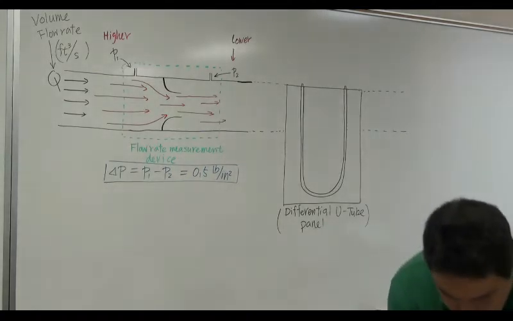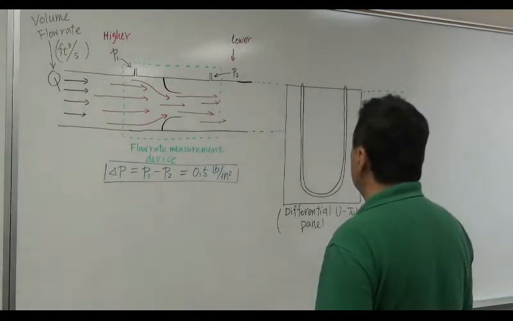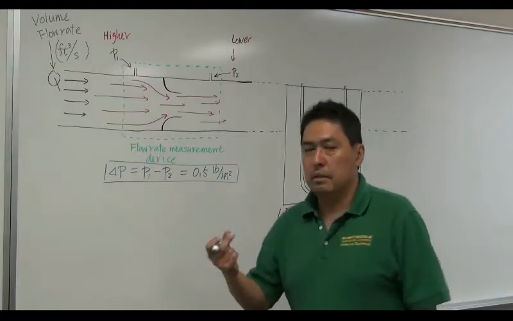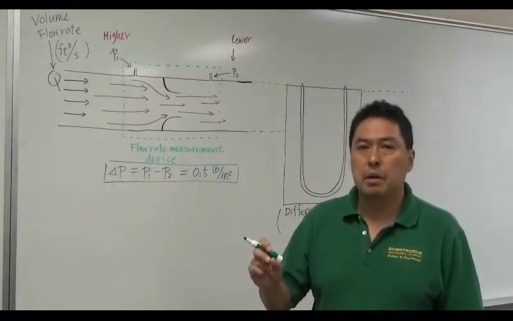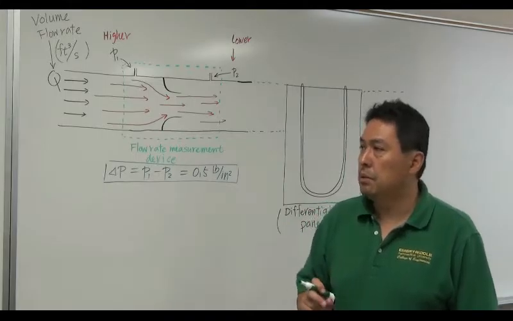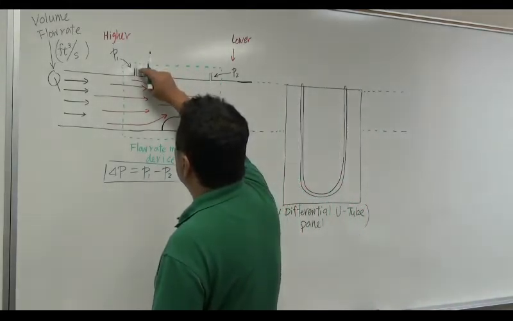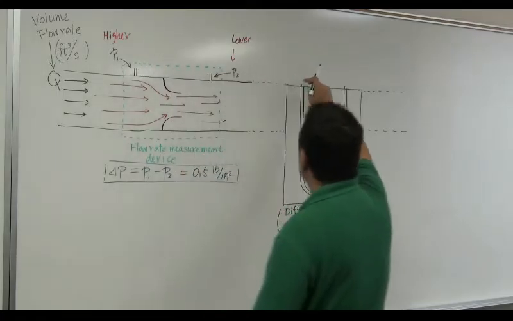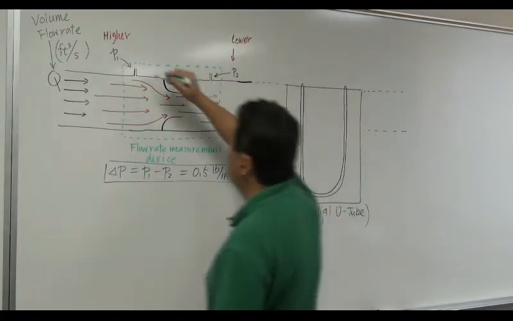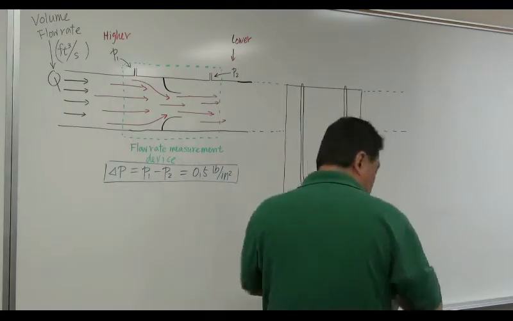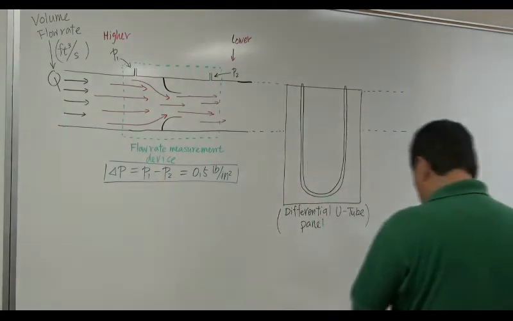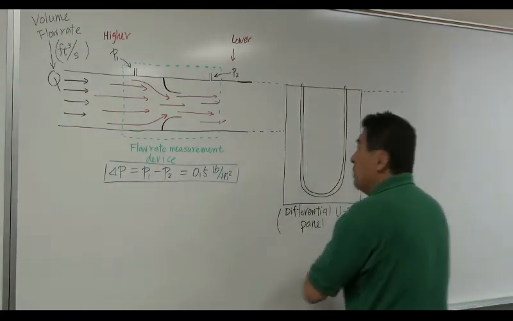So what I'm going to do is connect up, maybe using a small diameter plastic tube, something called Tygon tube. You're going to use the tube connected between this pressure tap and the left leg of this U-tube. So let me do that.